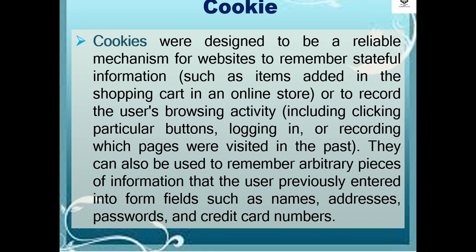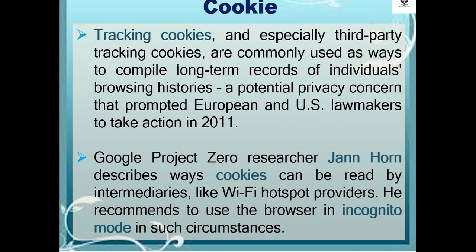Cookies were designed to be a reliable mechanism for websites to remember stateful information such as items added into the shopping cart in an online store, or to record the user's browsing activity, including clicking particular buttons, logging in, or recording which pages were visited in the past. They can also be used to remember arbitrary pieces of information that the user previously entered into form fields such as names, addresses, passwords, and credit card numbers.